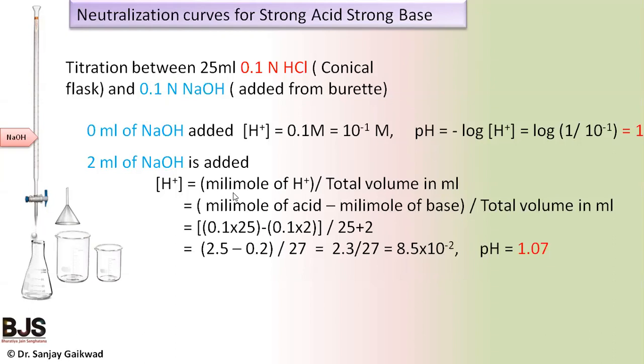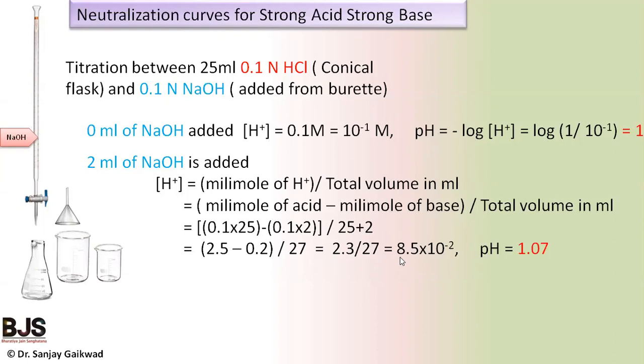Therefore, the millimoles of hydrogen ion is calculated as millimoles of acid remaining minus millimoles of base added. Now 0.1 into 25, that is 2.5 millimoles of acid is present, and from that, for the 0.1 molar NaOH of 2 ml, 0.2 millimoles of base we have to subtract from the 2.5, which equals 2.3, divided by the total volume, initially 25 ml of acid and 2 ml of NaOH, therefore 27 ml.